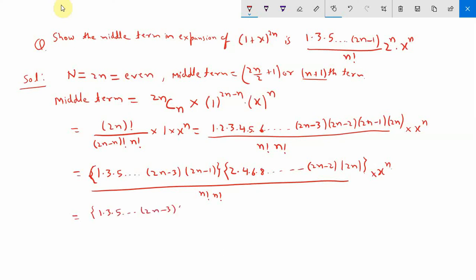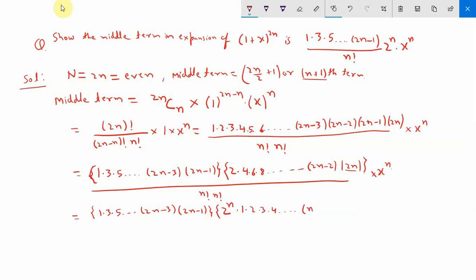When we take 2 from each term, the total number of terms will be 2n by 2, so n terms, so 2 from each term will become 2 to the power n, and then we will write 1 into 2 into 3 into 4.